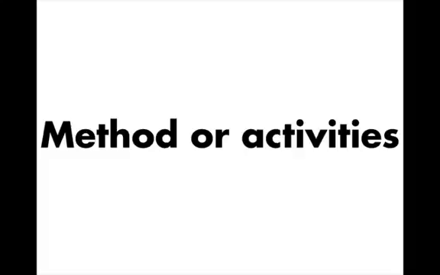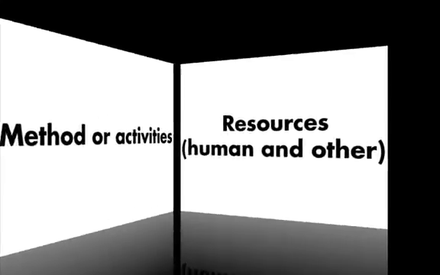And this section, the method or activities section, becomes your implementation plan. This is what you will deliver if the proposal is accepted. After that, there are several sections that talk about the nuts and bolts. First is resources, and that can be human resources, the people you will need to work on this. But it also can be computer time, it can be capital resources, it can be release time from other duties, it can be hiring new people, it can be a whole range of things.